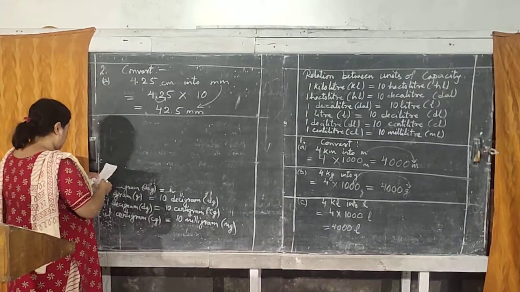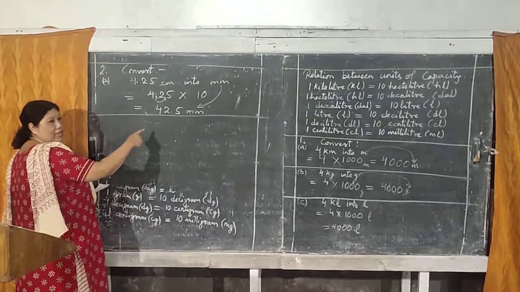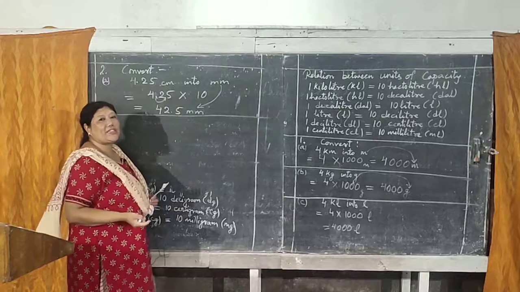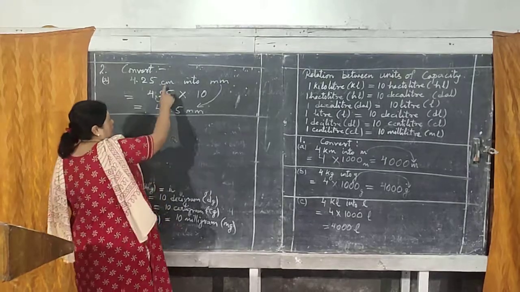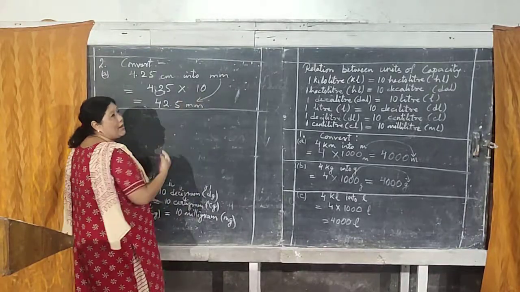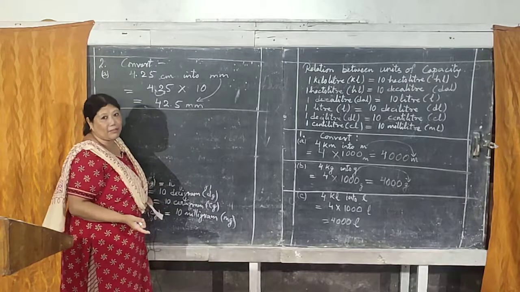Then next question, same thing. Now I don't have to show this again and again, because same, instead of centimeter, if it is centigram, it will be centigram into milligram, same process, you will multiply by 10 and instead of millimeter it will be milligram, that's all.